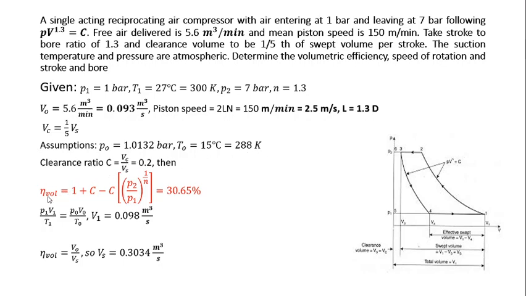Then volumetric efficiency is equal to 1 plus C minus C into P2 by P1 raised to 1 by n. So it is 30.65%.